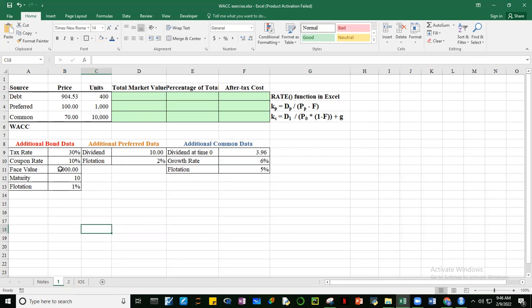Okay? Ang utang, ang face value, ang nakalagay dun sa kontrata, may utang yung company ng 1,000. No? Tapos may interest, may interest yan. Tapos may flotation cost. Ano ibig sabihin ng flotation cost? Nangutang yung company, okay? Ang price, ang nakuha niya is 904.53. Pero ang utang niya 1,000.